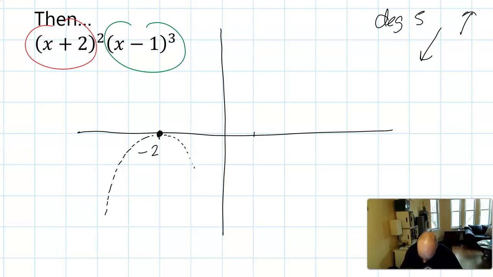But then at 1, we have to come around and kind of behave like the cubic part. We have to come around and flatten because the cubic part flattens. And because that cubic part flattens, the other part doesn't matter. So when you're looking at the factored form, this part is the (x plus 2) squared, and this part is the (x minus 1) to the third.